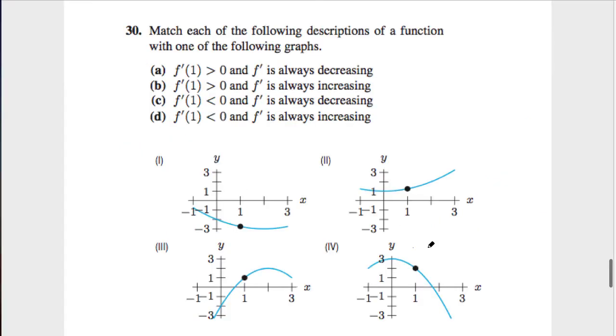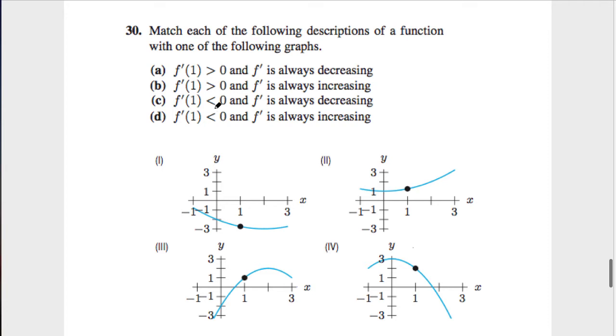For question number 30, we are going to be matching some descriptions to the graphs. So these descriptions always deal with the derivative. So let's go through this one at a time. So for A, we have a situation where the derivative at 1 is positive.